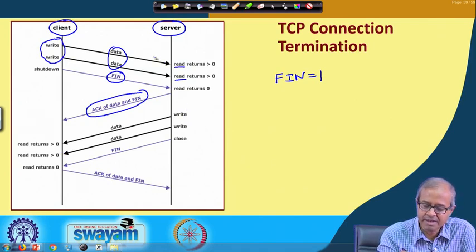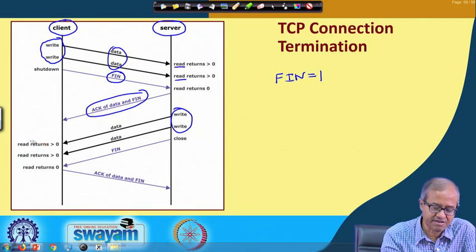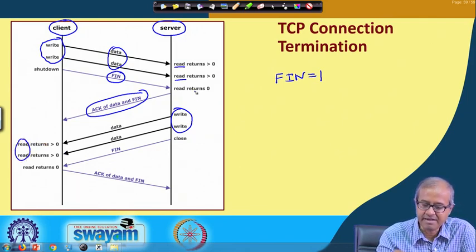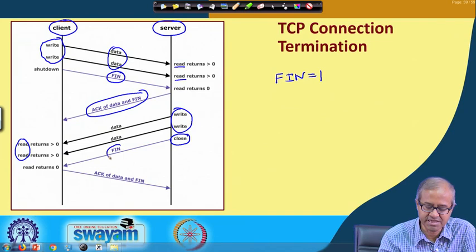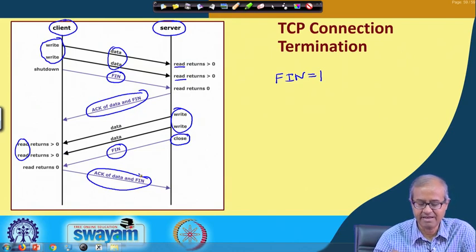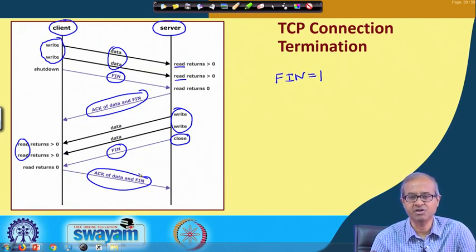Then in response to the data it has received, maybe the server is doing some final write, some data it writes back, and the client finally reads. And then the server is also done with the connection, the server also wishes to close. So, it sends back another FIN to the client, and the client finally acknowledges data and FIN, and now the connection actually closes.